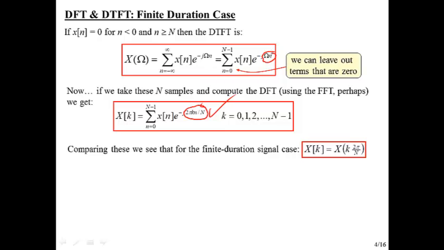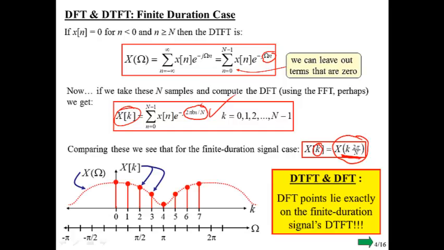And let's compare this. If we look carefully at this argument, we see that what we're really doing, the kth DFT point, is really the DTFT evaluated at k times 2 pi over n. So what that's telling us is that the DFT values that we compute lie exactly on the finite duration signal's DTFT.